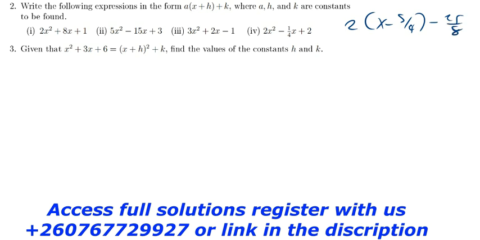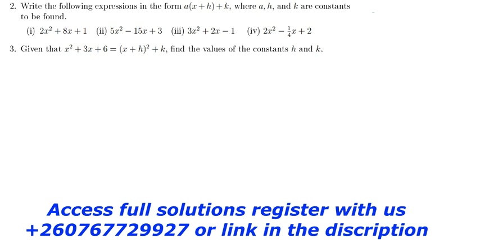So you are expressing now this in the form of a(x plus h) plus k, where h is this, then k is that. So it's the same thing. We are just using the completing square method. Yeah, so it's not something that should give you problems. So you still use completing square method.